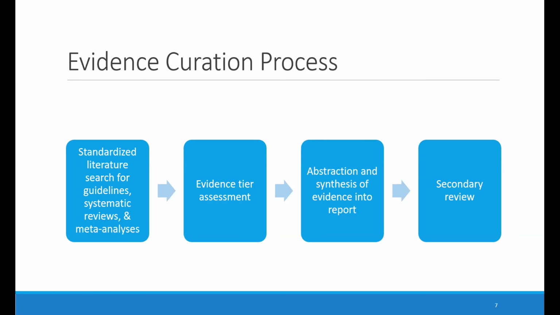We have a process for tiering the literature in terms of the strength of the guideline or systematic review, and we also have a process by which we abstract all of the recommendations and evidence from those guidelines, and then synthesize that evidence into a summary, which reads basically like a summary of the existing guidance, along with any supporting evidence for any recommendations included therein.